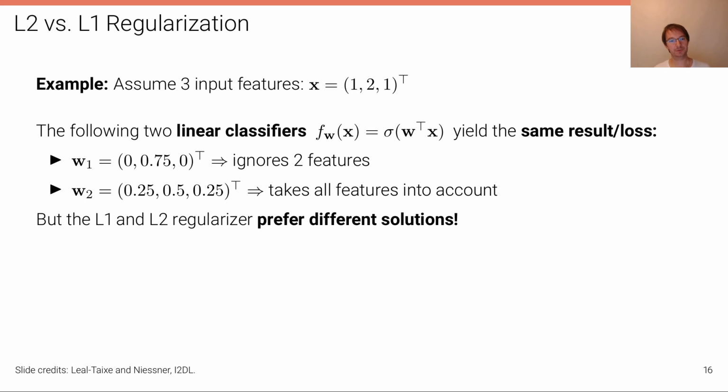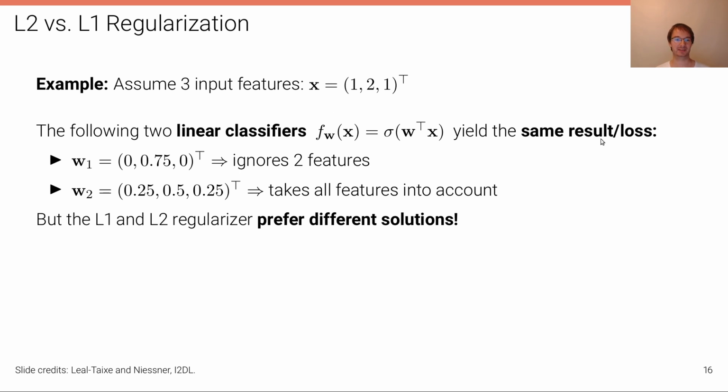And then we consider 2 different linear classifiers. So these are simple logistic regression models in this case, for simplicity. And these linear classifiers have the weights W1 = (0, 0.75, 0, 0) and W2 = (0.25, 0.5, 0.25, 0). And if we multiply W1 and W2 with x, we see that they have the same effect.